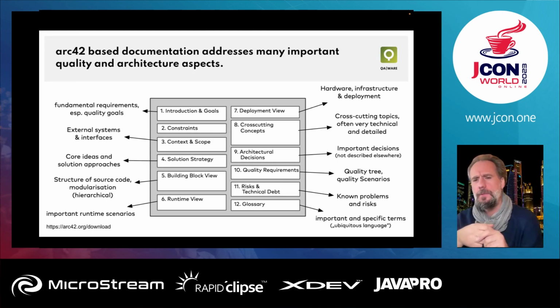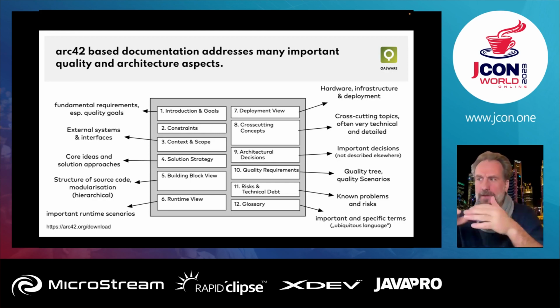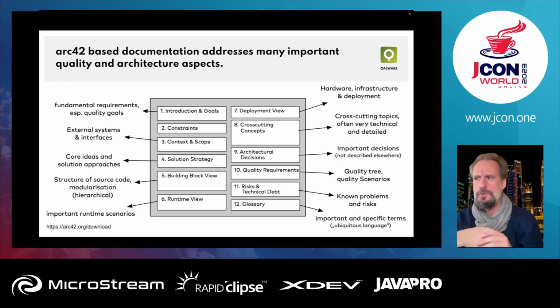I see so many teams out there that have not documented their quality requirements. But how can you do software quality assurance if you have not documented the goals, if you have not documented where you want to go, right? Maybe some technical debts and maybe a glossary, right? If you do domain-driven design, this is called ubiquitous language. So please document the important nouns and verbs you're going to use.